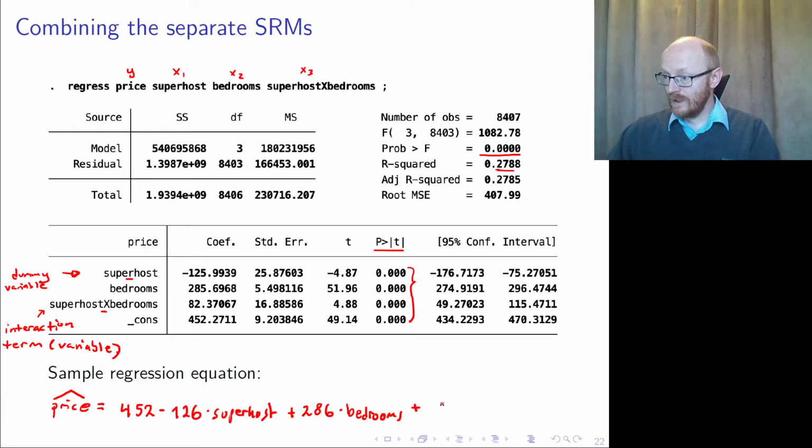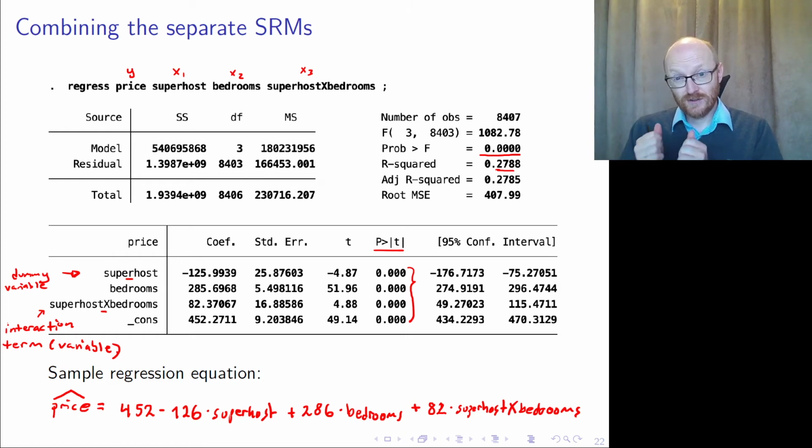So then we have plus 82 times superhost times bedrooms. Okay, so this is the sample regression equation which you will use to estimate the price of an apartment if you are given the fact that the renter is a superhost or not, and the number of bedrooms.